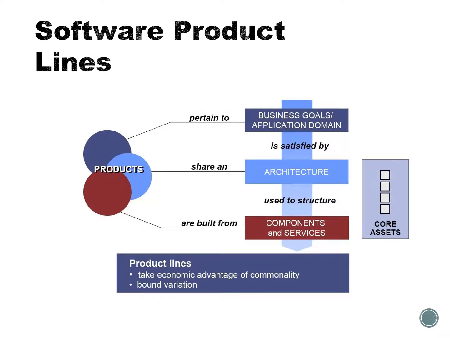So basically, the idea is that product lines take the economic advantage of commonality. There are only so many changes that you need to do if you are converting from one product to something else that runs on a similar domain. For example, if we are transferring something from healthcare to veterinary services, it's not a stretch to think that human patients and animal patients might be somewhat similar.